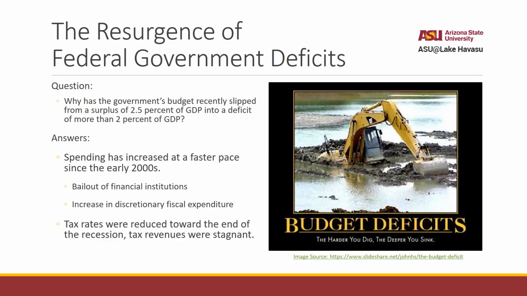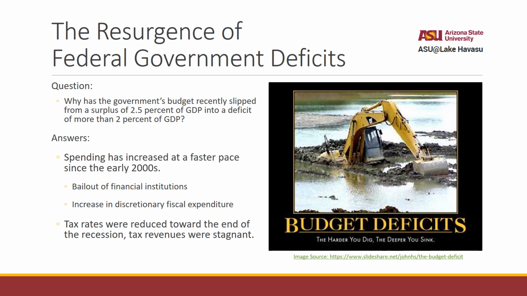Have a look at the resurgence of federal government deficits. Why has the government budget slipped from a surplus equal to 2.5% of GDP into a deficit of more than 2% of GDP? Well, the answer is that spending has increased more than revenues.